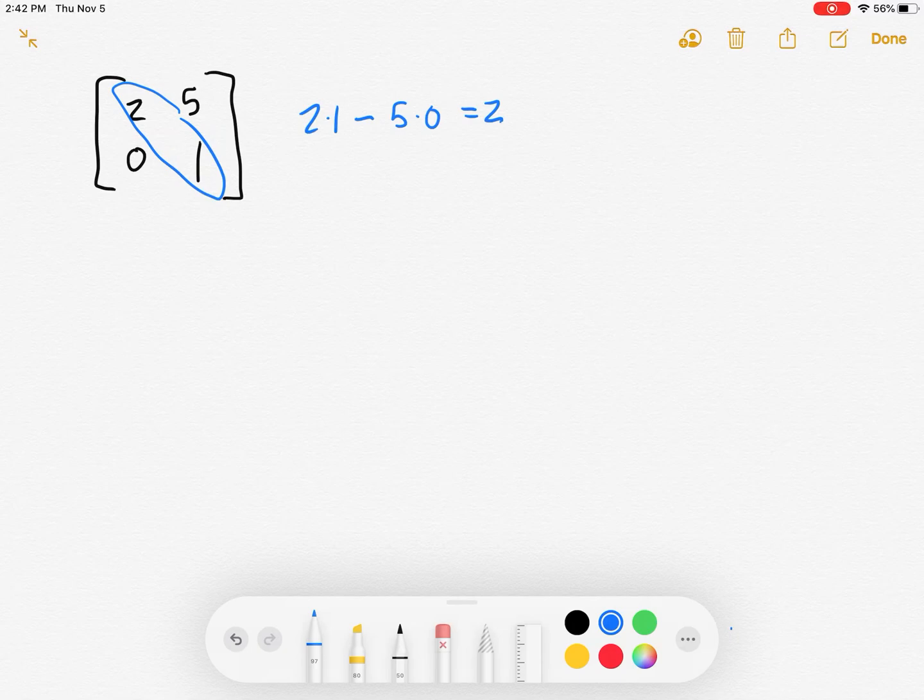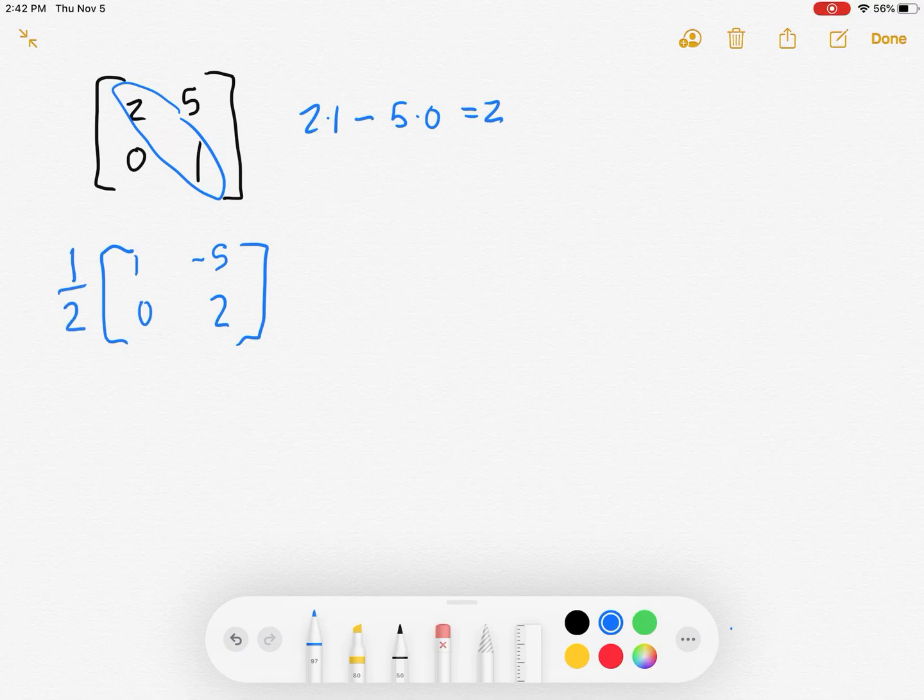So this is an invertible matrix. We then go ahead and flip our 1 and 2, switch their places, and we make the other two things negative. Negative 0 is just 0, so we can go ahead and get rid of that part. We then multiply the entire matrix by 1 over 2.